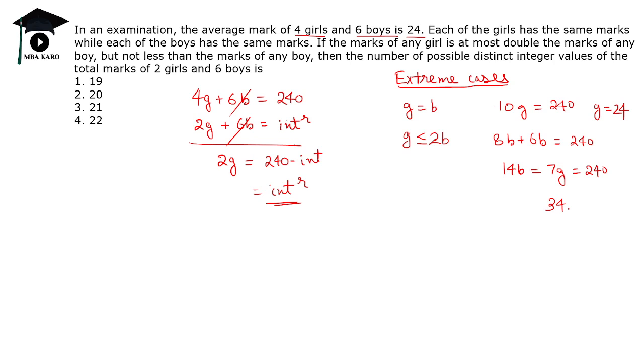Now, if you take 34, let's put the values and see whether 34 is possible or not. Suppose we put 4 girls plus 6 boys. If you put girls as 34, we will get 136. Now we need to put 6 boys so that the total is 240. So we need to put 104.